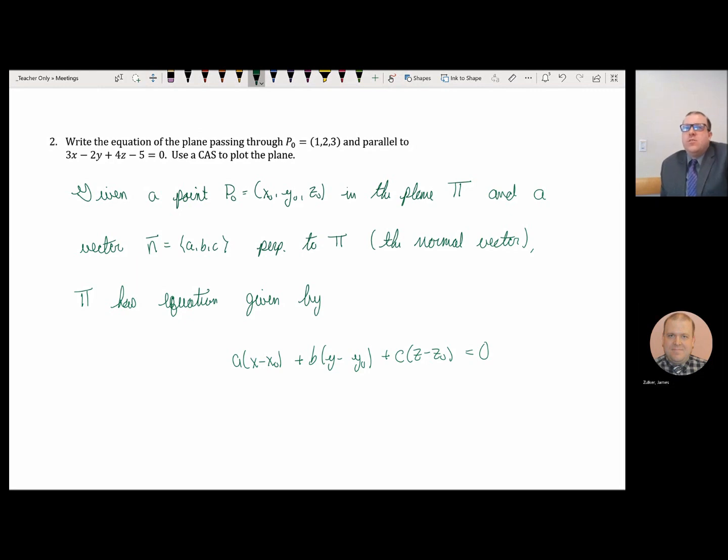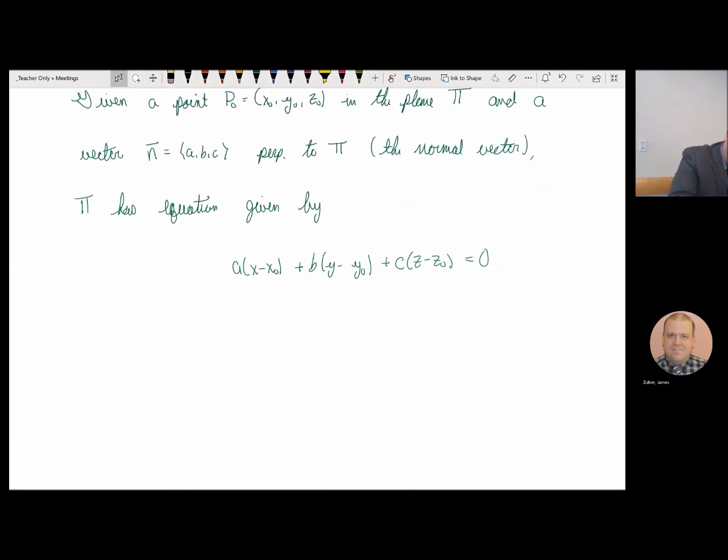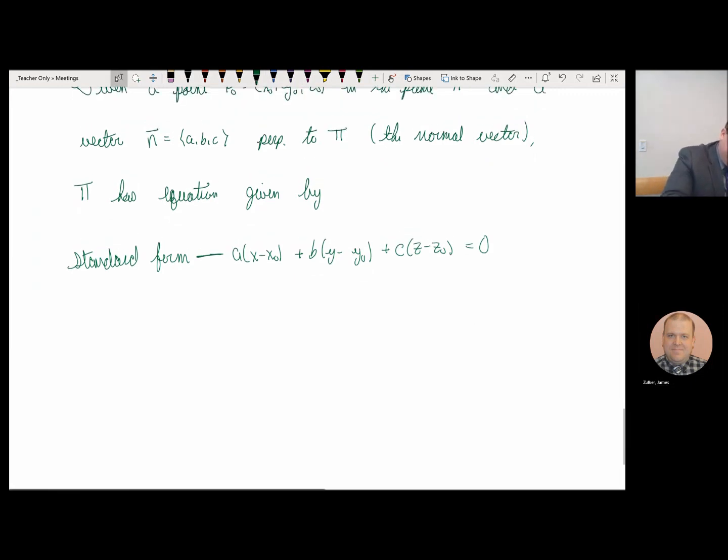This is the standard form of the plane. This is the general form.